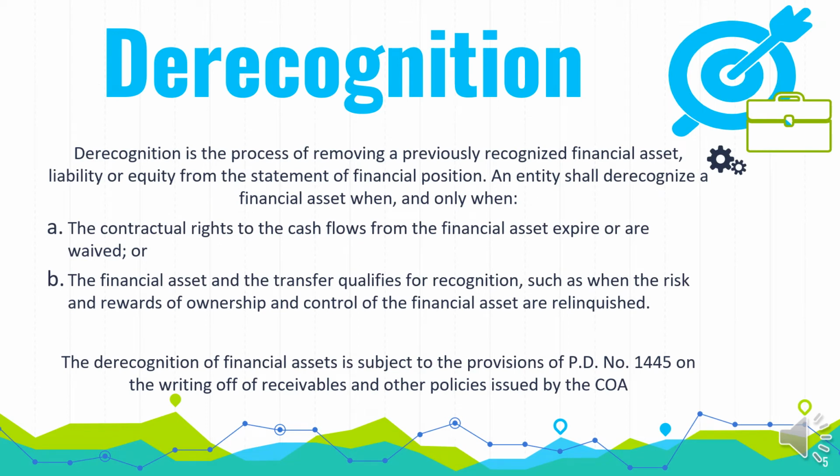Now let's discuss the derecognition of financial asset. Derecognition is the process of removing a previously recognized financial asset, liability, or equity from the statement of financial position. An entity shall derecognize a financial asset when and only when A. The contractual rights to the cash flows from the financial asset expire or are waived, or B. The entity transfers the financial assets provided the following conditions exist.